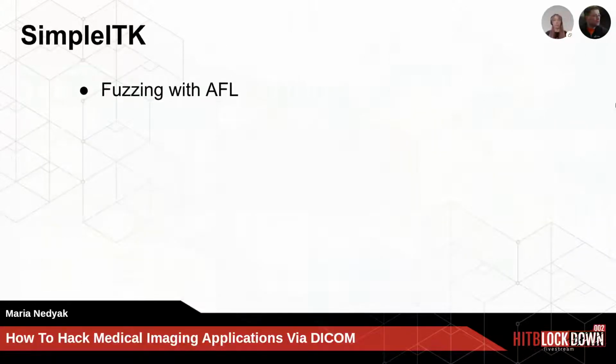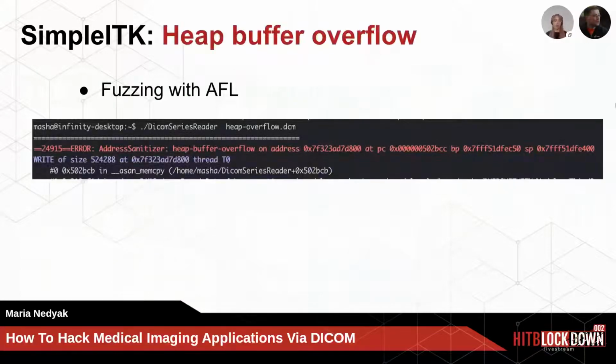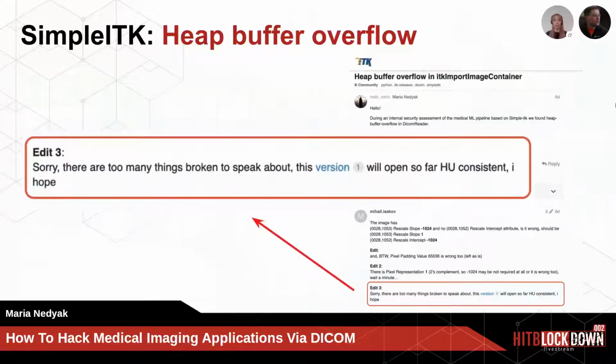I used American Fuzzy Lop for finding weaknesses in the SimpleITK library, and after fuzzing for a couple of days, we finally got a crash that was caused by a heap buffer overflow. And actually, there is a fun story about reporting this bug to the vendor.